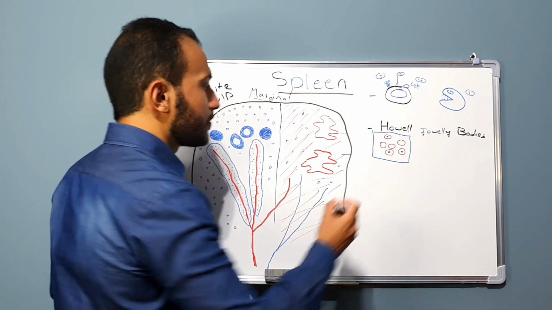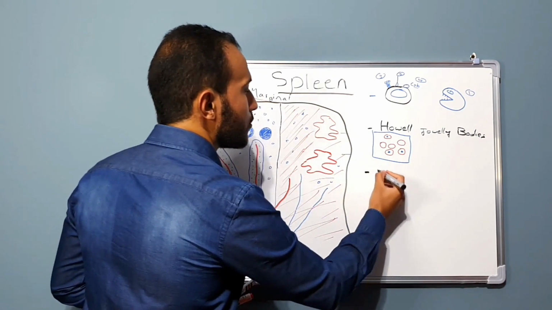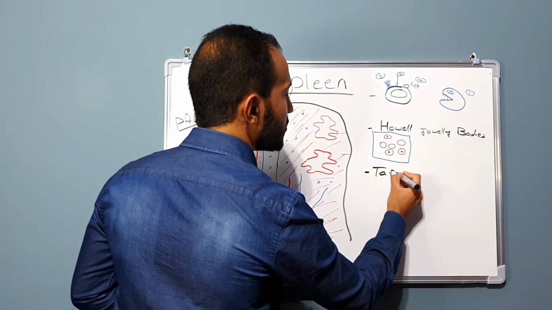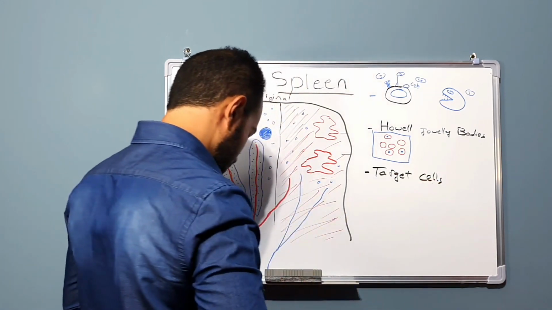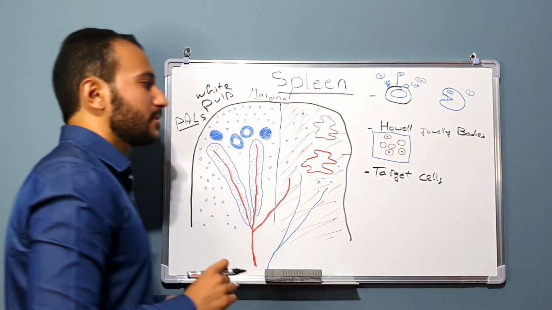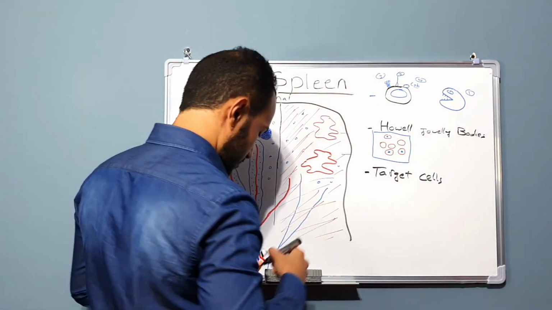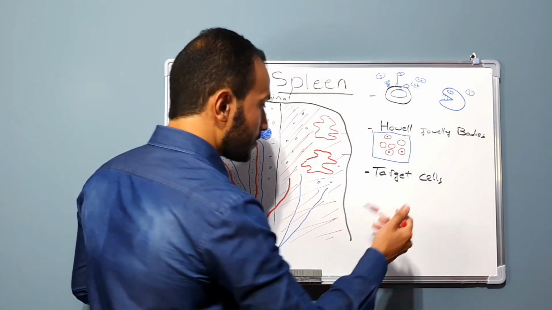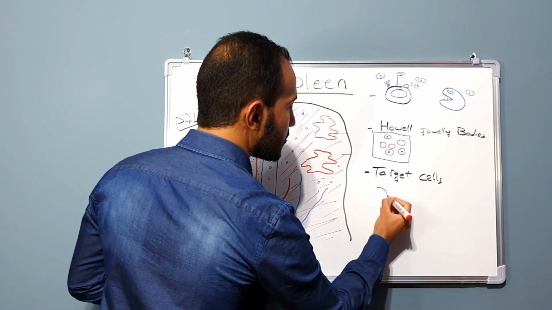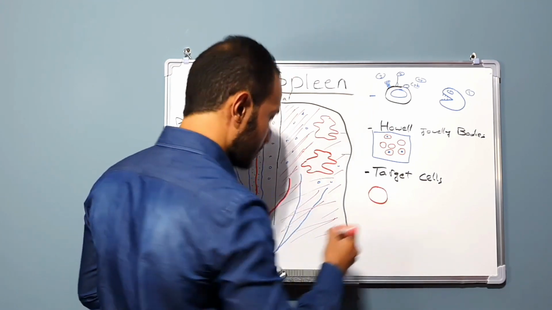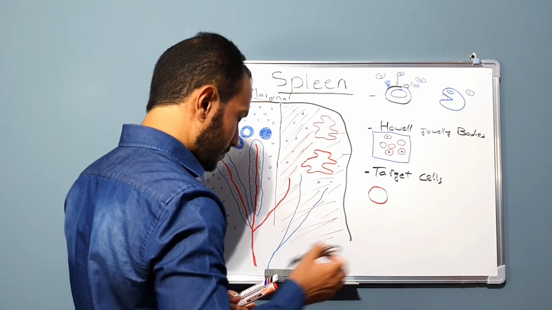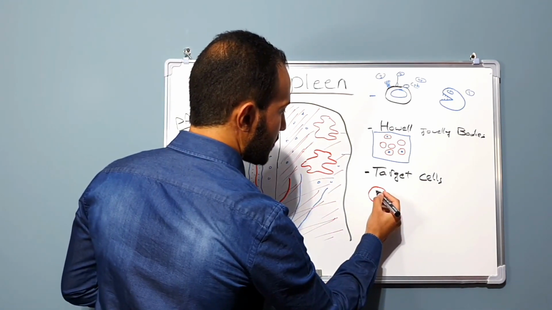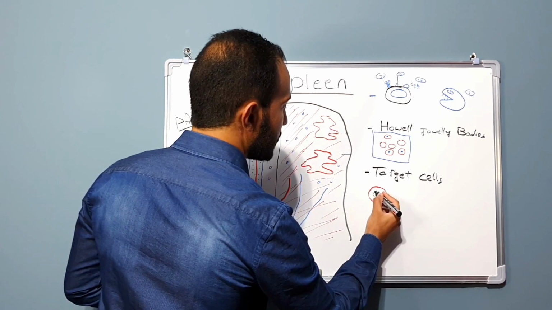Another thing is called target cells. These are RBCs with something like that, a crescent shape.